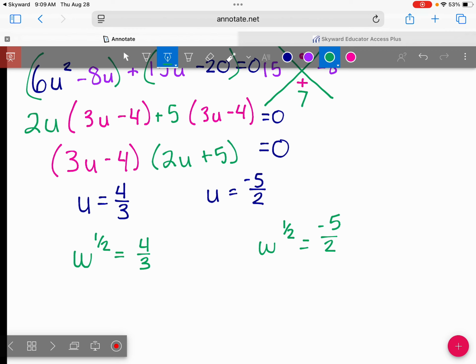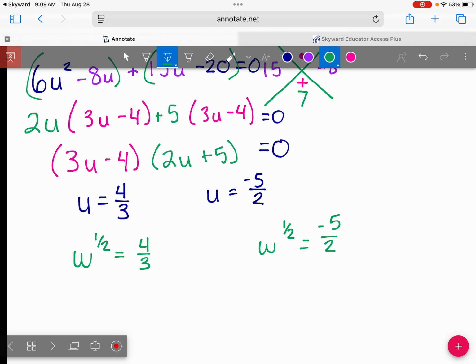So how do we figure out what our W is? It's not W times 1/2, it's W to the power of 1/2. Only if we have negative exponents.